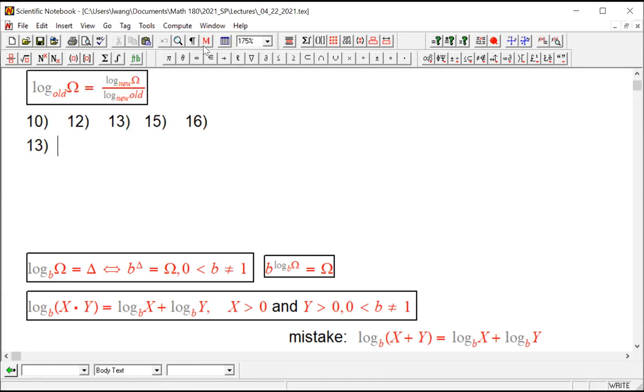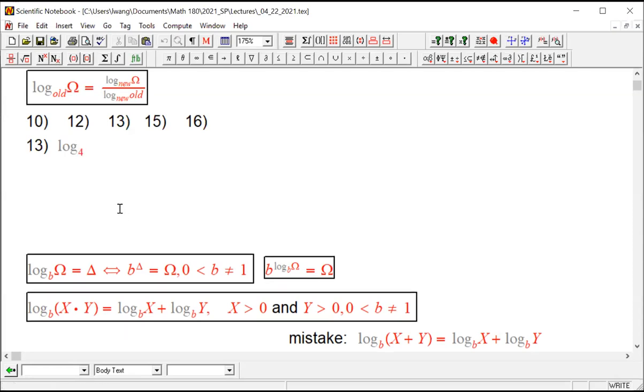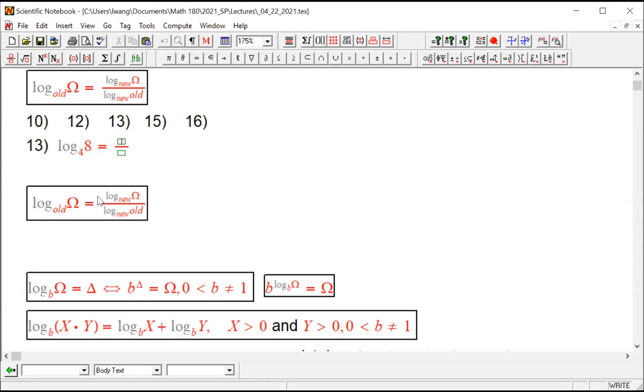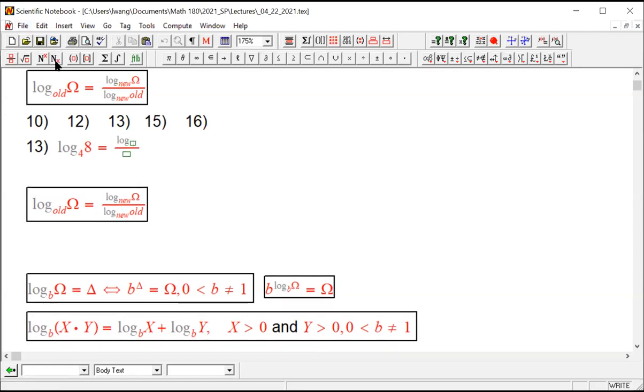For example, this one: when I look at this one, I can work with the symbols, but I probably would use change of base. You don't have to, because you can work the other way too. So I'm going to use change of base.